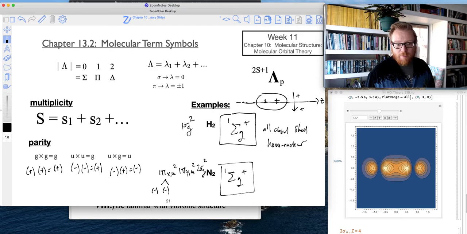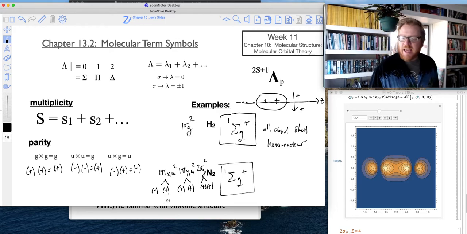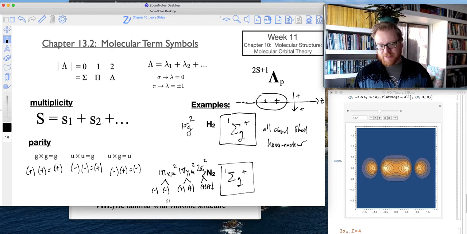Now what about the 1 pi y? We define both of those as positive terms. And the 2 sigma electrons are also both positive terms. So there are positive symmetry operations the whole way through. So indeed, N2, 1 sigma g plus, is a closed shell homonuclear diatom.